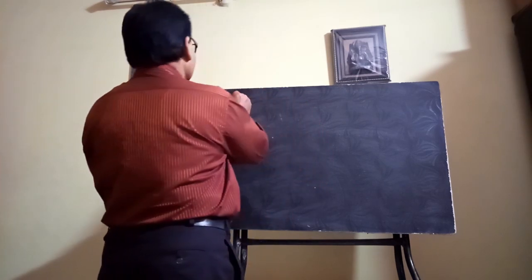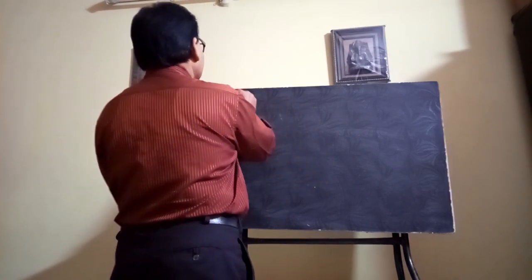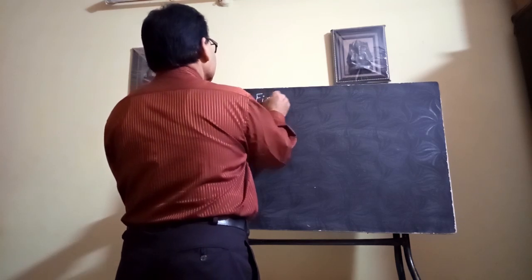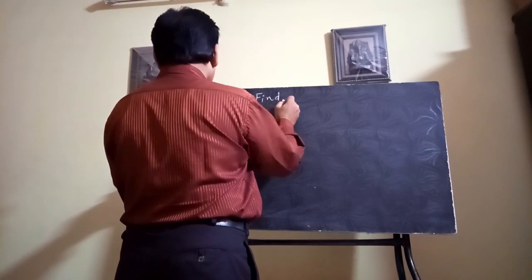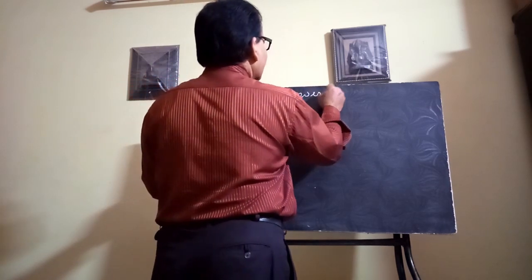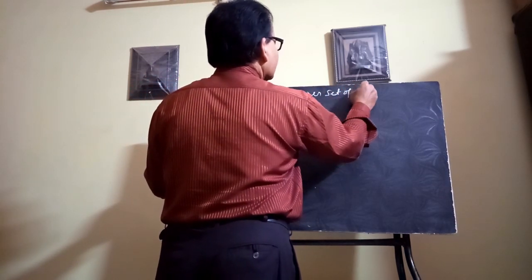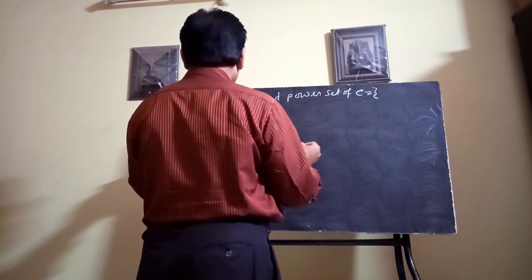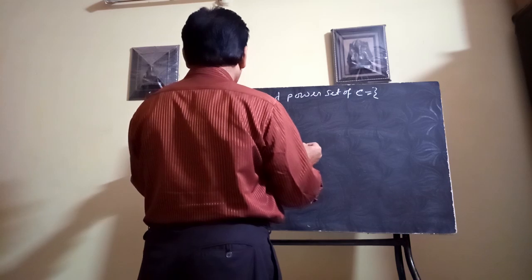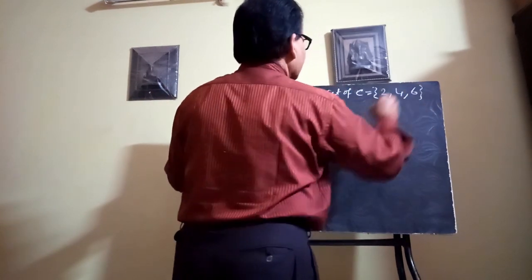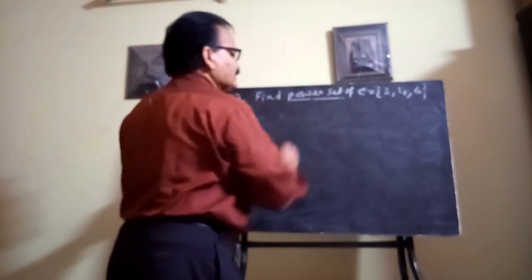Okay, so question number 3 is: find the power set of C equal to {2, 4, 6}. You know what is a power set?